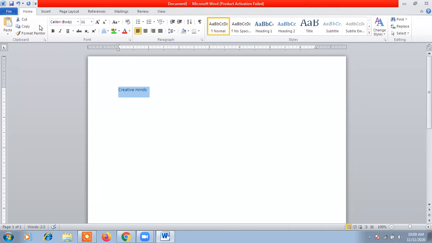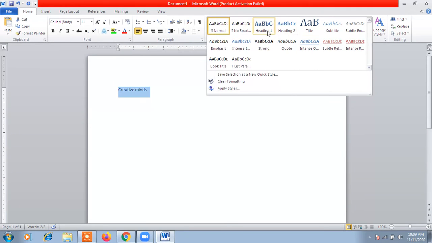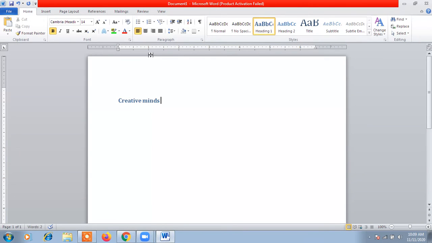In the Home tab, select this text. In the Home tab, we have the Styles group. In the Styles group, select any style. These are built-in styles; they are already available in MS Word. Whatever style you want, just select it. So first select the text, then in the Home tab go to the Styles group, then select the built-in style.